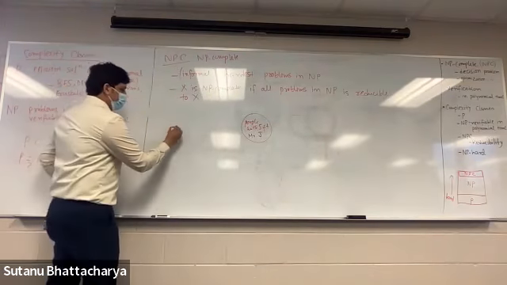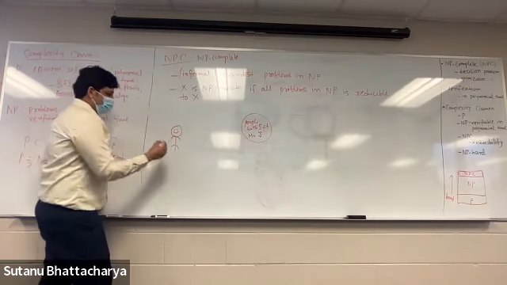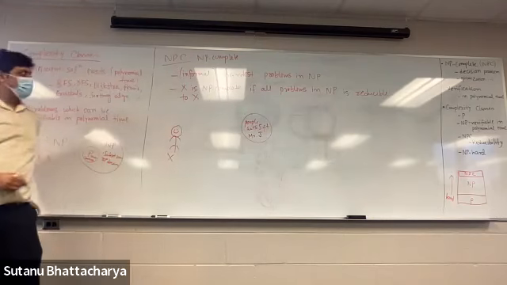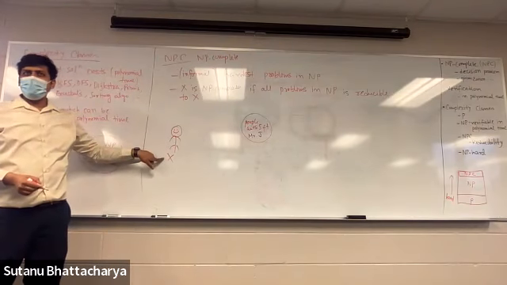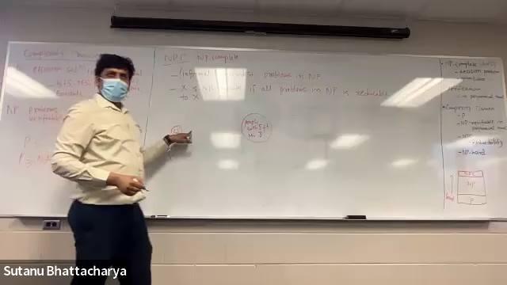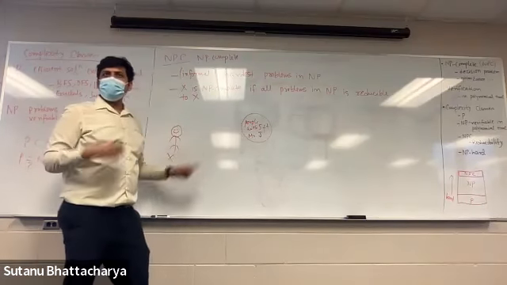Now some new guy comes up here. X. X is a new guy, comes here. Now I need to check whether he or she belongs to this set or not. How can we check that?